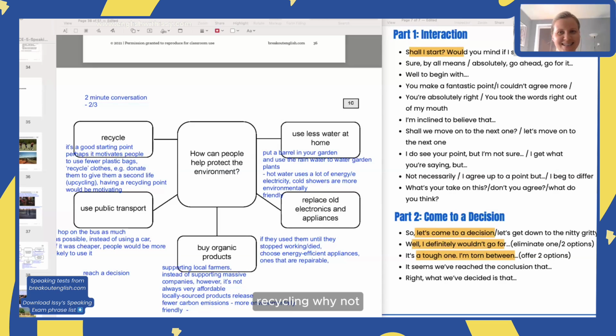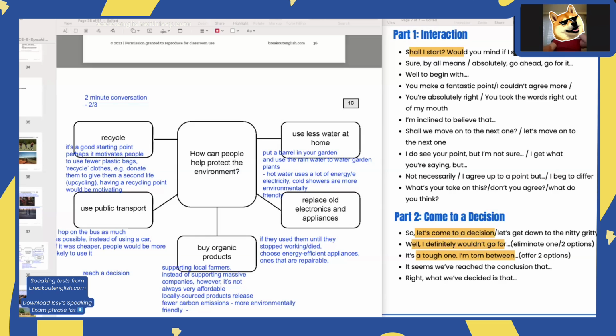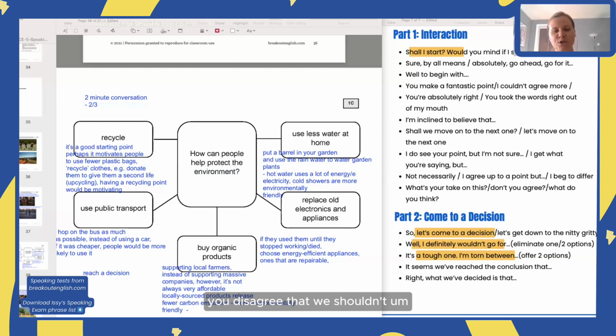Well, I think it's definitely not recycling. Recycling, why not? Because let's say all the garbage is from the street and recycled, that would still not really help a lot of things in short term. Okay, but you disagree that we shouldn't give the second life to the furnitures or clothes which we no longer use?